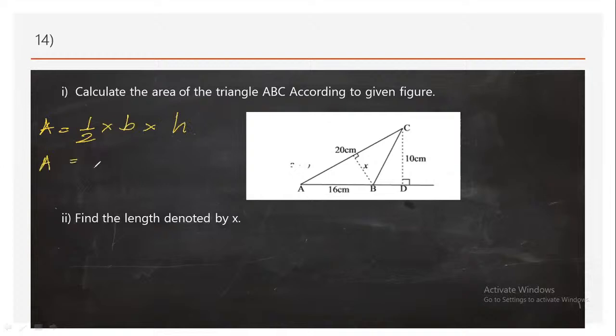Area equals half into base, from here to here, that is 16, into perpendicular height, this altitude is 10 centimeter. Area unit is square centimeter, 8. So answer is 80 square centimeter.